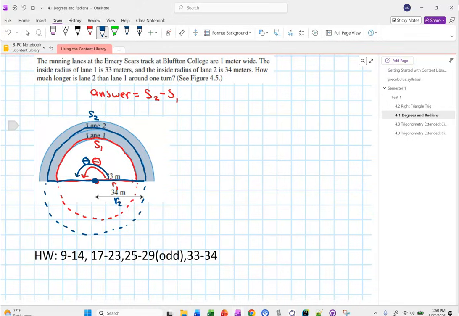It's the same angle. Everybody agree? Looking at this picture, what is the size of that angle? 180 degrees. How did you know that? That's perfect. It's a half circle. It's half of a circle. Everybody agree? Okay.